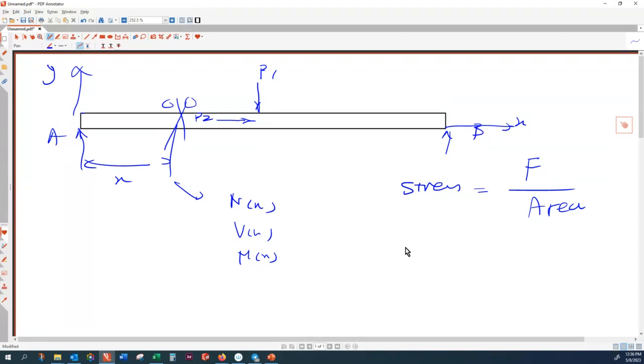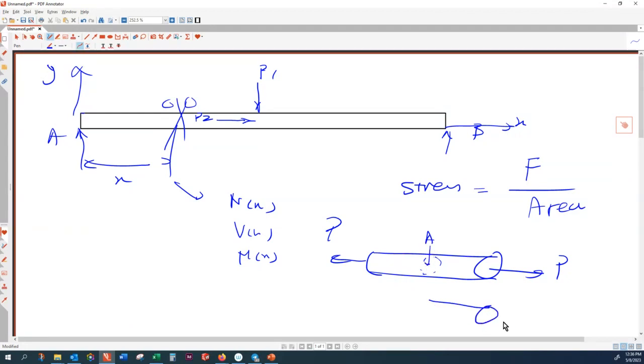Right, so here I give you an example. That is a rod, with a force of P. So the area, I can make this area selected here. If I cut that member, I'm going to have a stress developed here. And this stress is the intensity of the force.